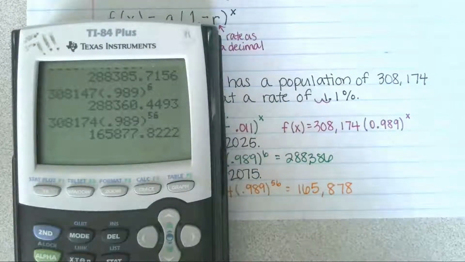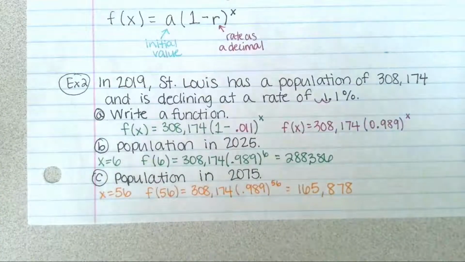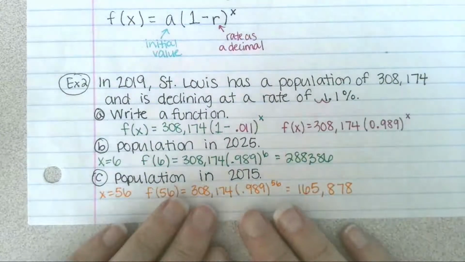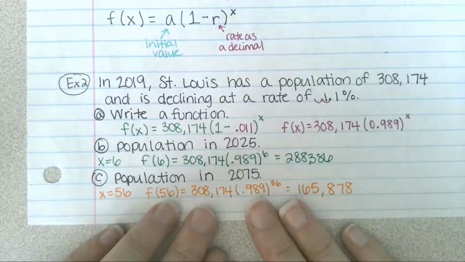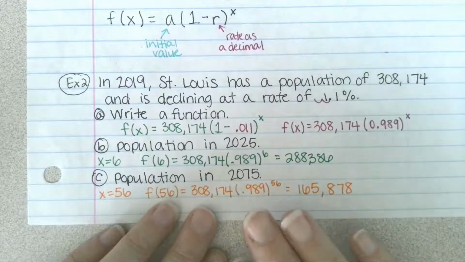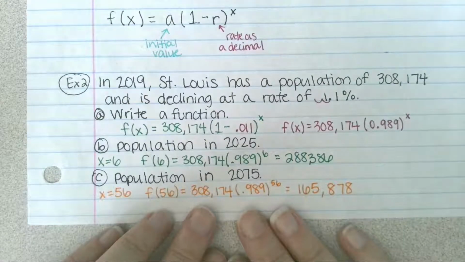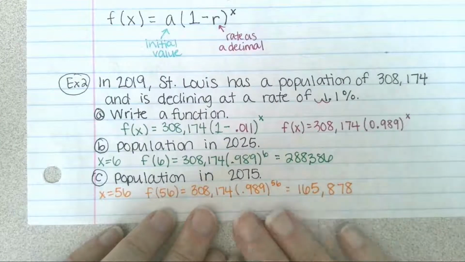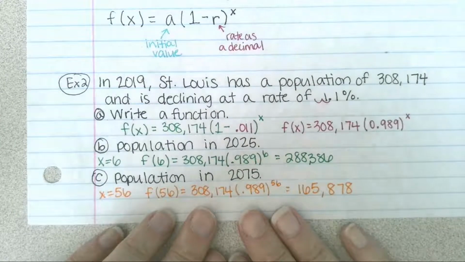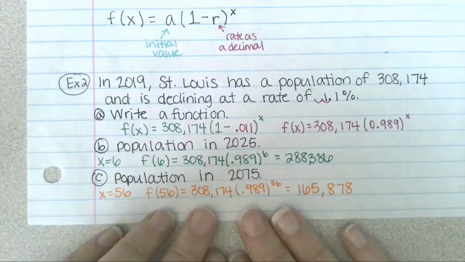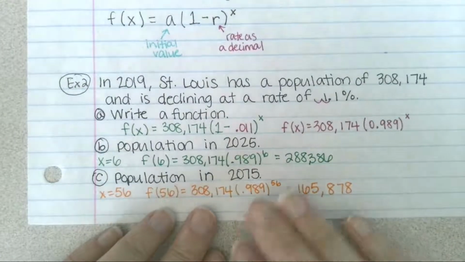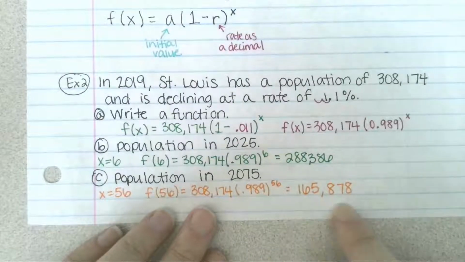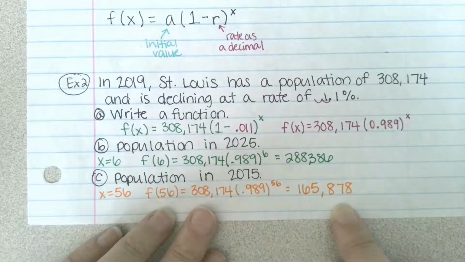Now, statistically, if you look historically, if you look at the data for the city of St. Louis, they were increasing. They had a growth rate for a really long time, and since 2010, their population has started to decline in the actual city of St. Louis. So, in 56 years, is it likely that there will only be 165,000 people living in St. Louis?